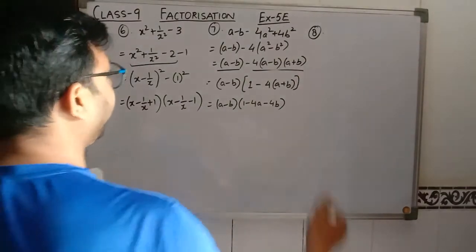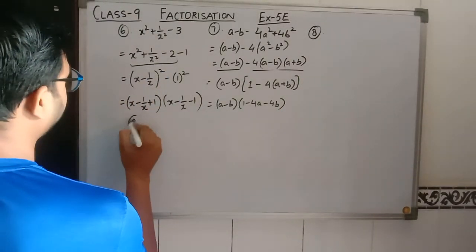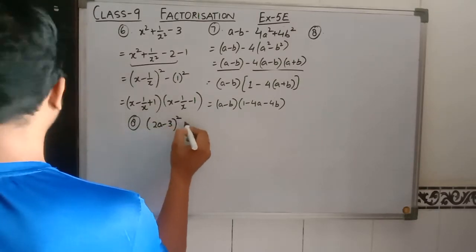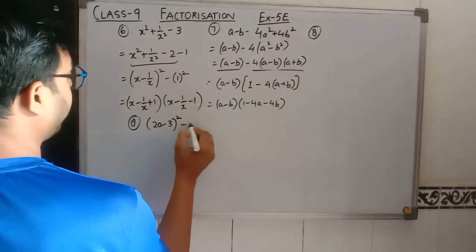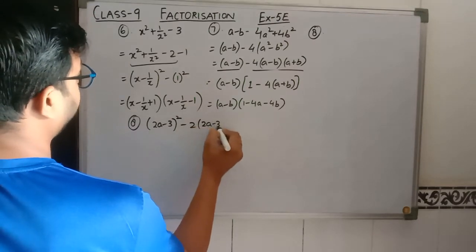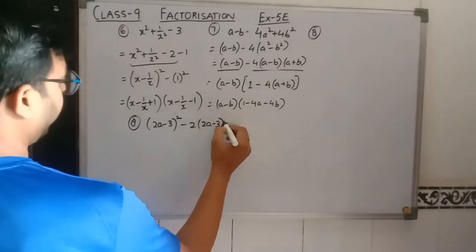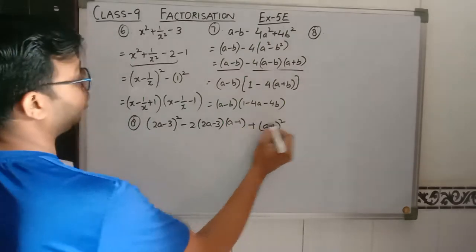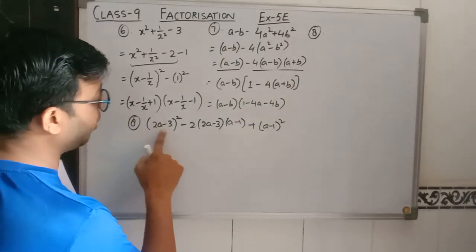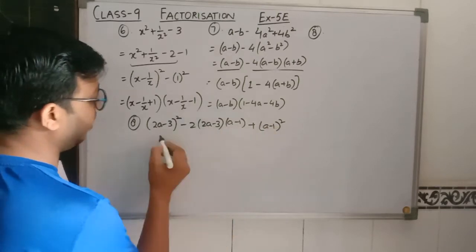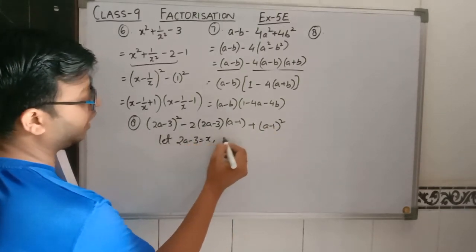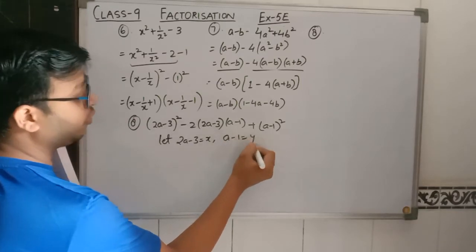Question number 8 is a little large question, so I am writing it here. 2a minus 3 to the whole square, minus 2a minus 3 into a minus 1, plus a minus 1 to the whole square. Now you can see 2a minus 3, 2a minus 3, a minus 1, a minus 1. So let 2a minus 3 be equal to x and a minus 1 be equal to y.